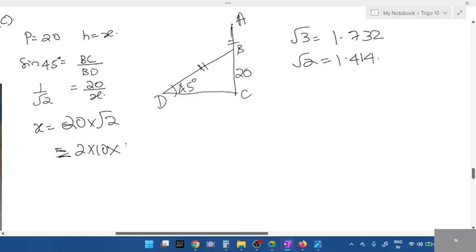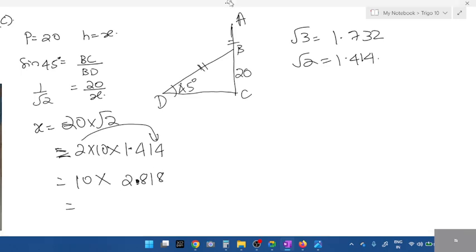What is root 2 value? 1.41. First multiply 2 with these numbers. Keep 10 as it is. What do you get? 2.818. What is 10 into 2.818, students? What happens to the decimal? For multiplication, which side do you have to shift? Right hand side.